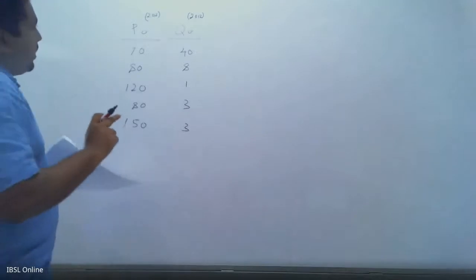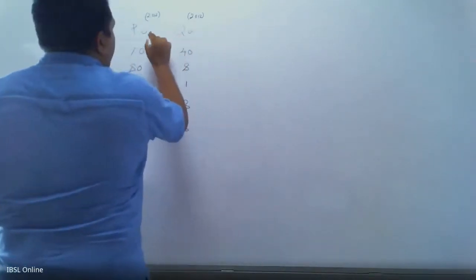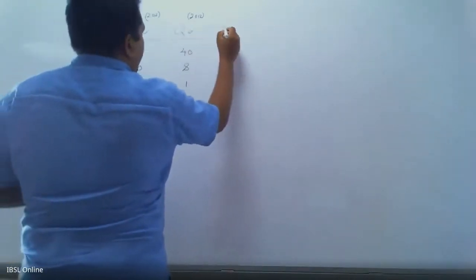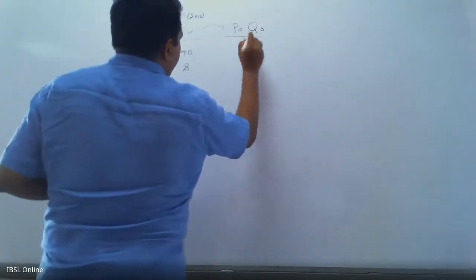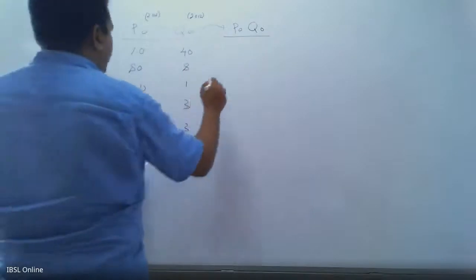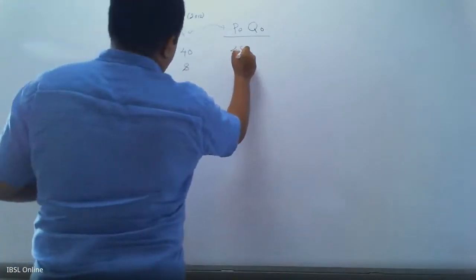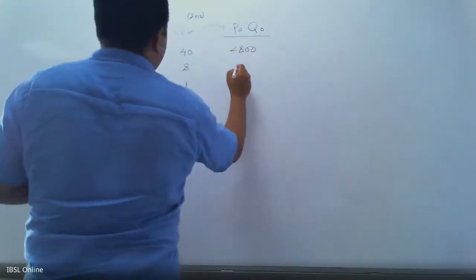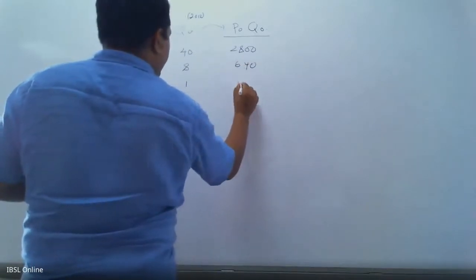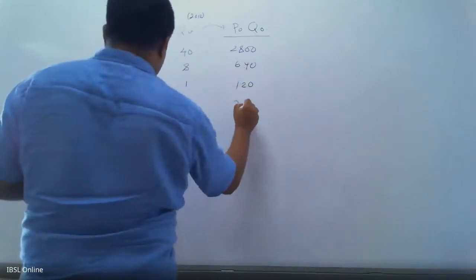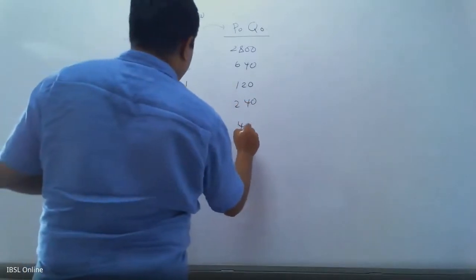We can do a simple multiplication and calculate P0 Q0, isn't that so? You'll get 2800 here, 640, 120, 240, and 450.